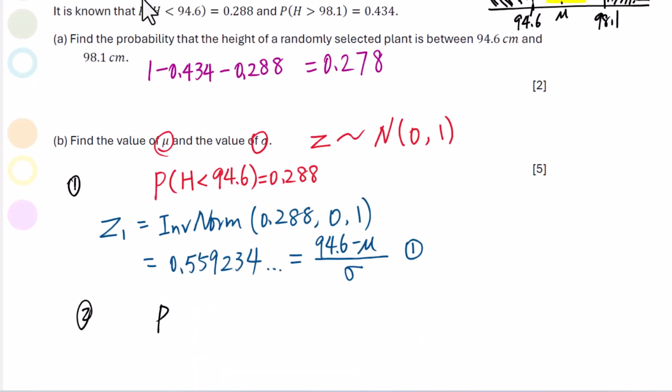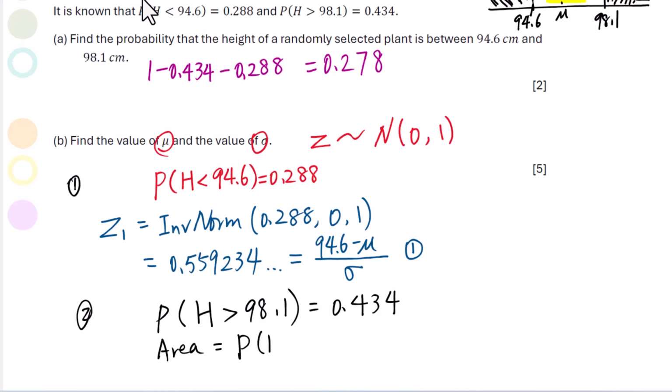We are given probability of h greater than 98.1 equals 0.434. The area, probability of h less than 98.1, equals 1 minus 0.434.